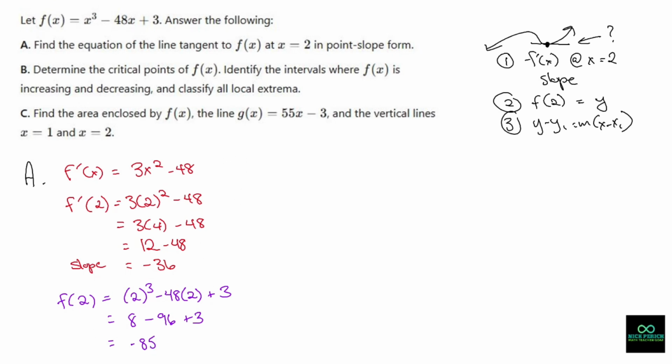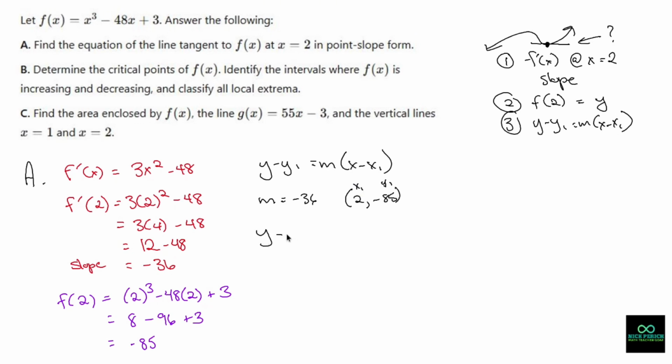So we have y minus y sub 1 equals m times the quantity x minus x sub 1. We have a slope of negative 36. We have a point at 2, negative 85. So if I were to label you x sub 1, y sub 1, we can put everything together.